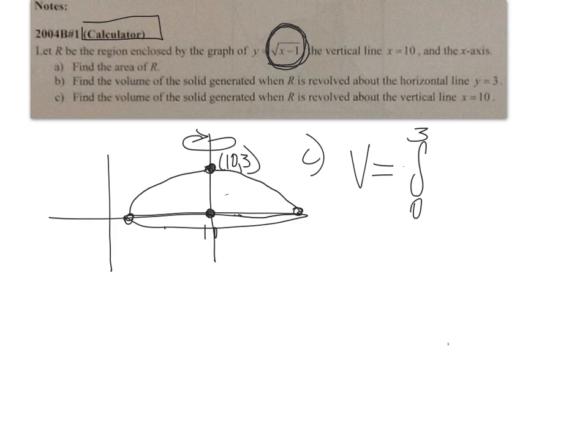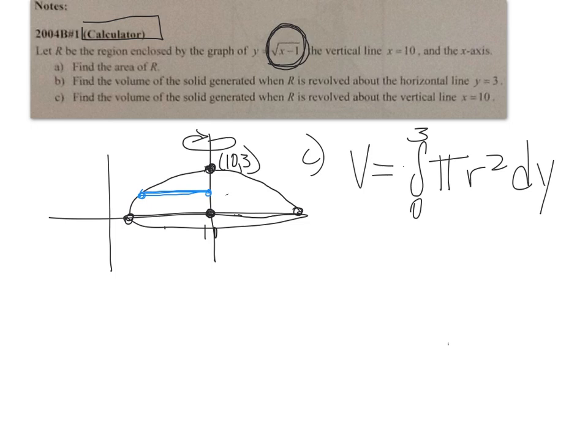Now, since our axis of revolution has the region pressed right up against it with no gap in between, the radius touches this axis and we don't have a gap. So we're going to just have pi r squared dy. Again, integrating with respect to y because we have a vertical axis of revolution.